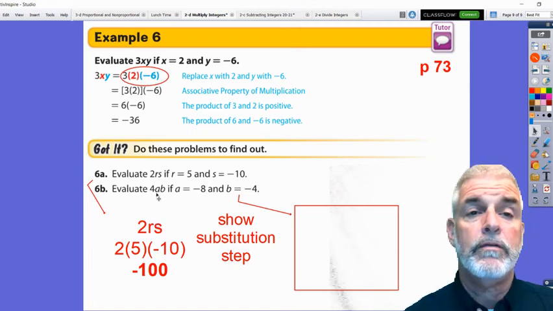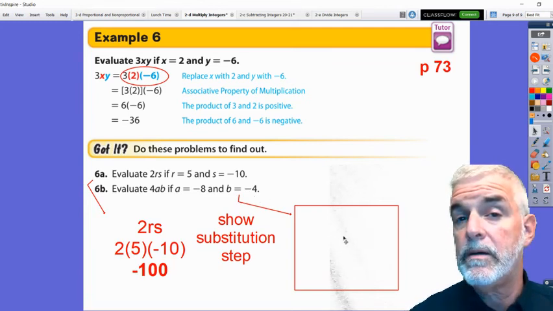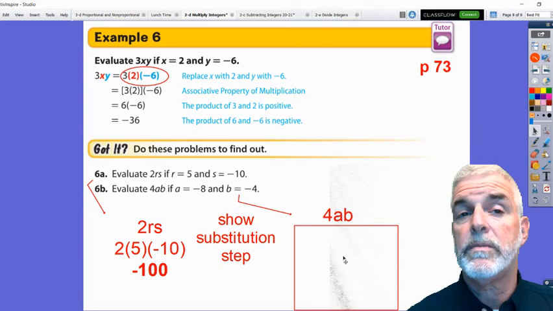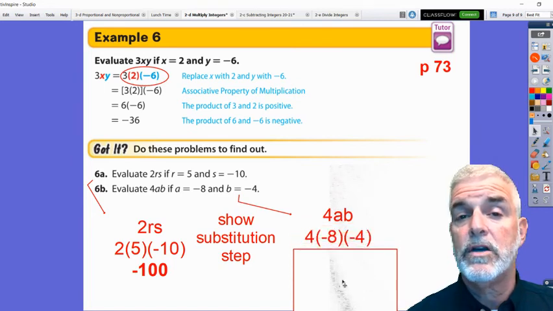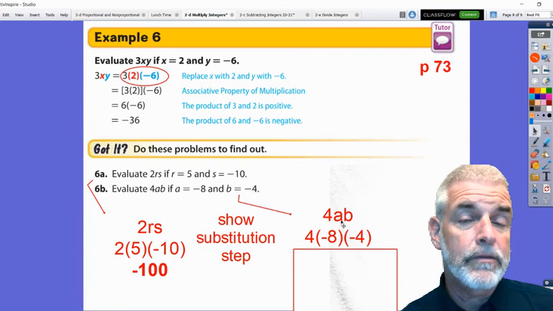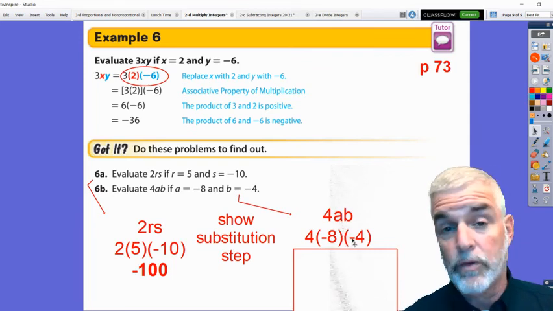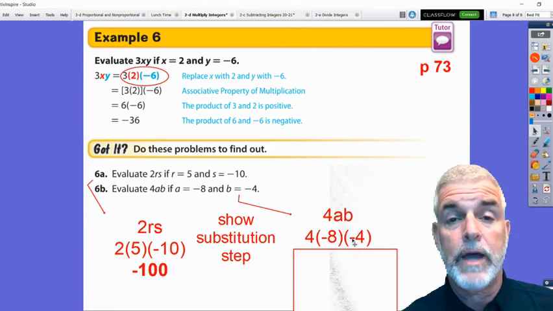And 4ab, for ab, if a equals -8 and b equals -4. So your substitution step is going to look like this. 4 times -8 times -4, both in parentheses because they're negatives. If you don't put the parentheses here, it can end up looking like subtraction, and that, of course, will give you a wrong answer, so you don't want to do that.